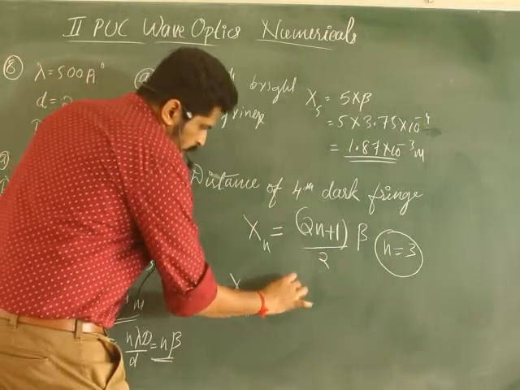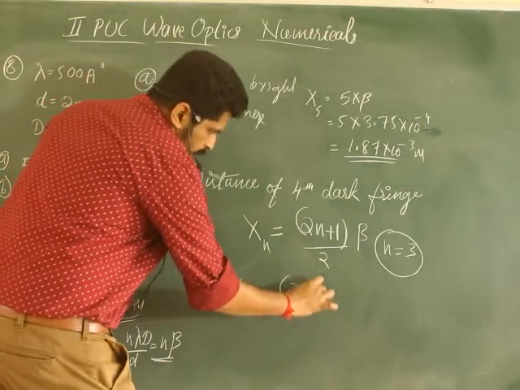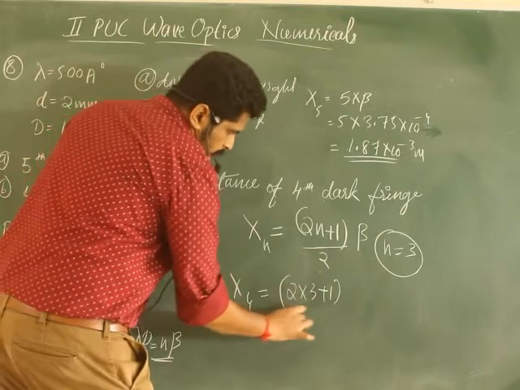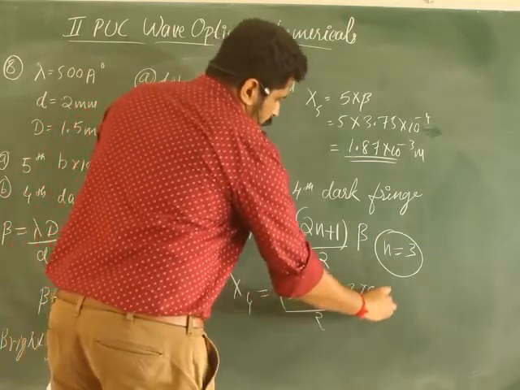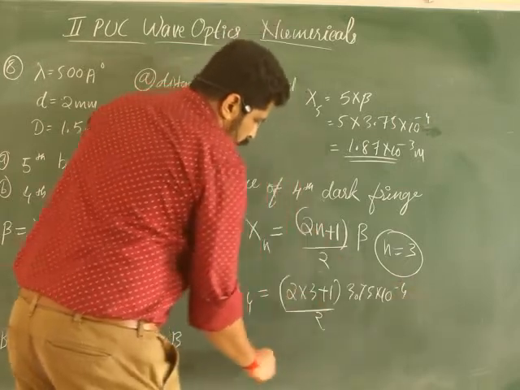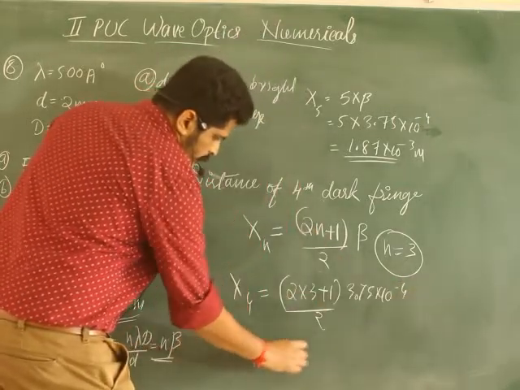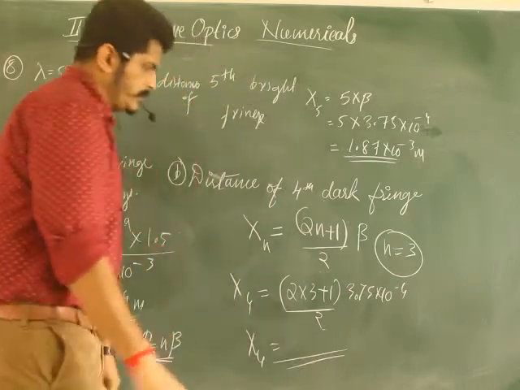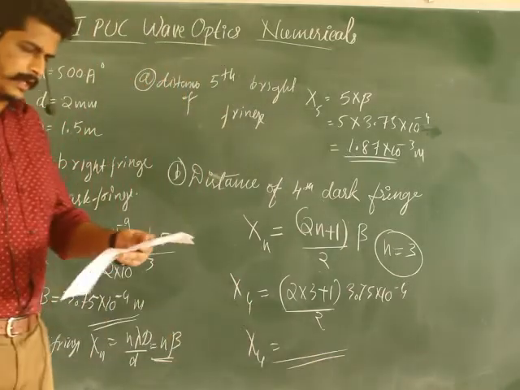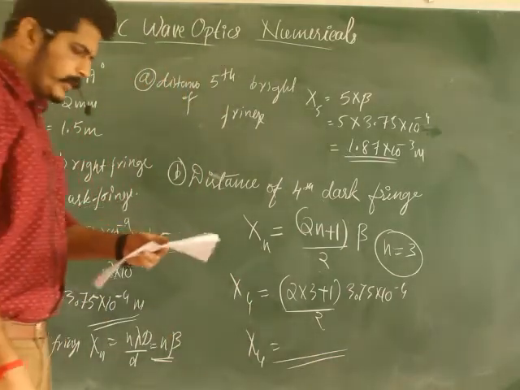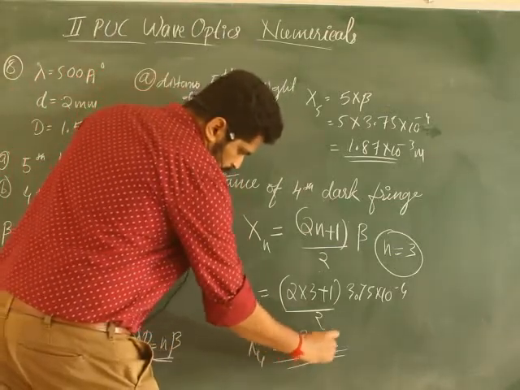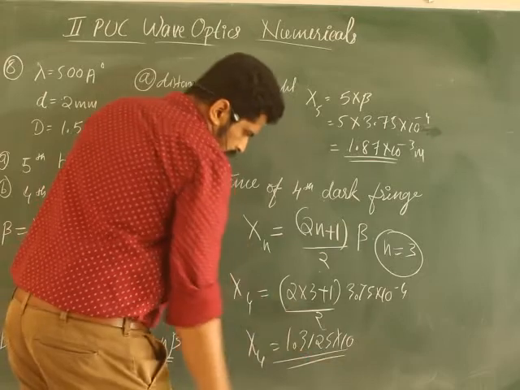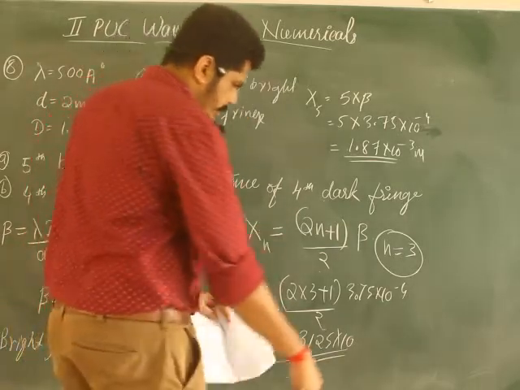x4 equal to 2 into 3 plus 1 by 2, 3.75 into 10 power minus 4. So x4 is equal to, check the calculation, your answer has to be somewhere around 1.3125. Okay, 1.3125 into 10 power minus 3 meter.